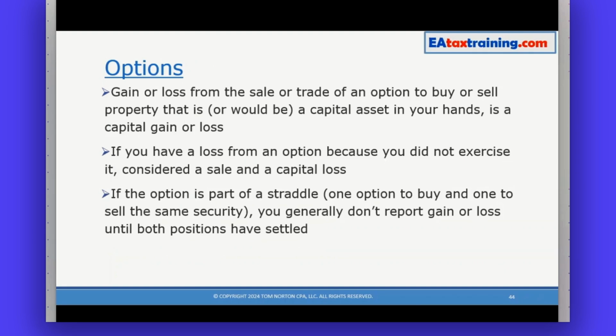If you have a loss from an option because you did not exercise it, it is considered a sale and a capital loss. So, for instance, if you're buying a stock option, sometimes there's a stock that today the market price is $20, and you think that the price is going to go up.